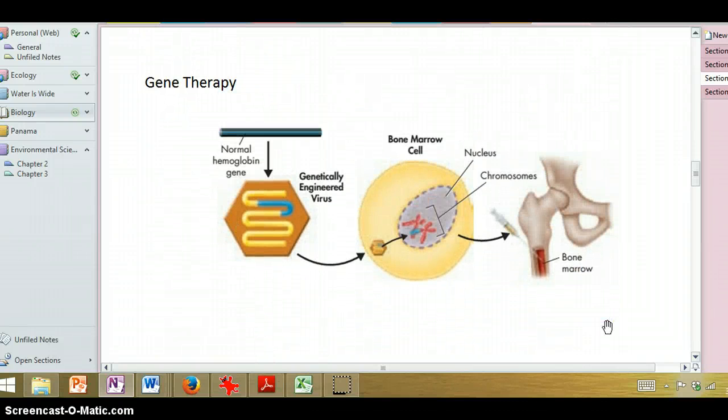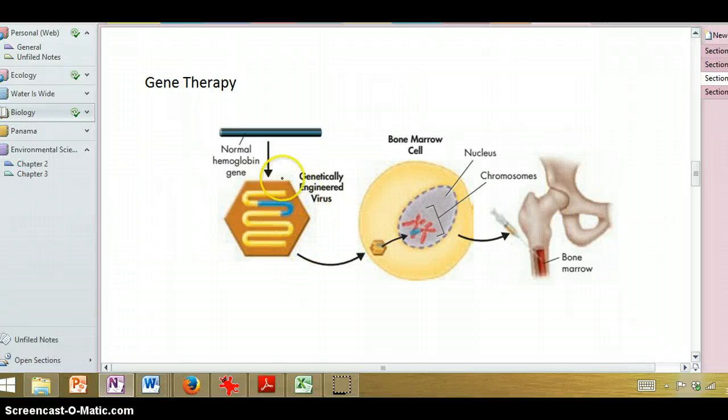Gene therapy is an experimental procedure to not change the complete genome of a person, but to try to change genes in certain cells that are not doing their job correctly. Because of some mutation, for example with cystic fibrosis, your lungs produce an abundance of mucus, which causes problems.